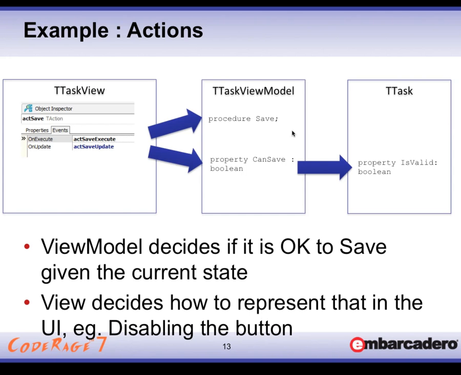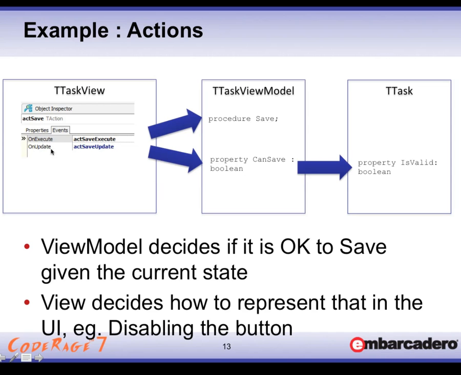Basically we have 3 actors, for want of a better word, involved in this example, and the example I'm going to use is the save button. In that child view we were just looking at, we have an action list, and I'll show it to you in the source code in a second, and one of the actions in it is the save action.